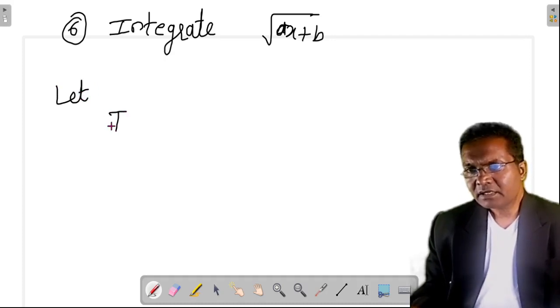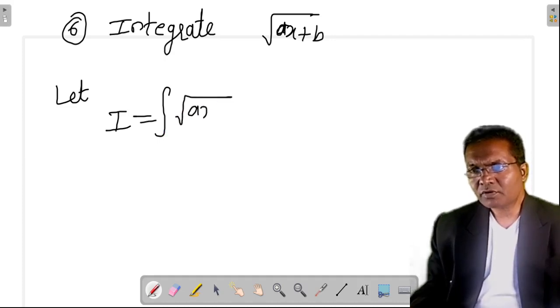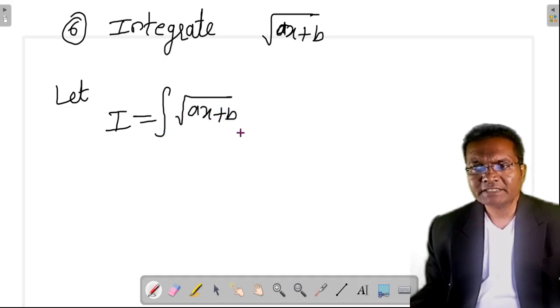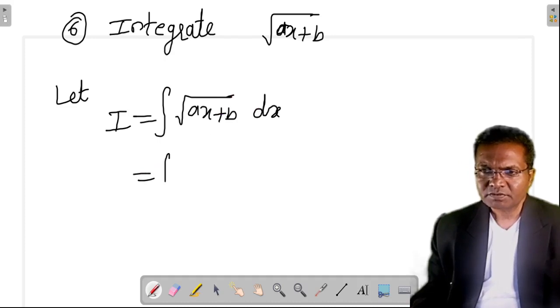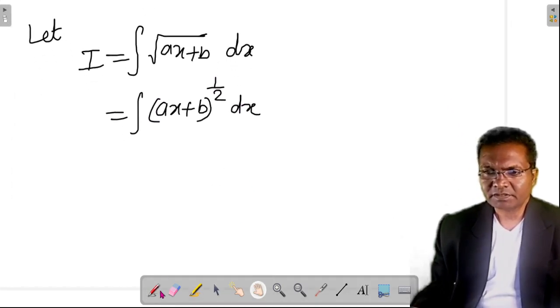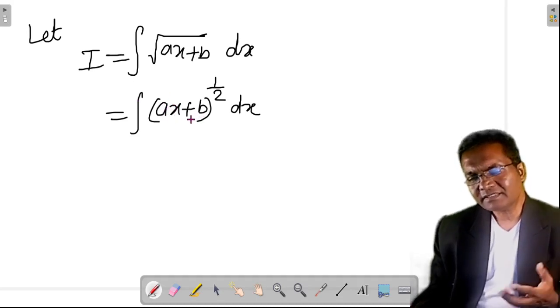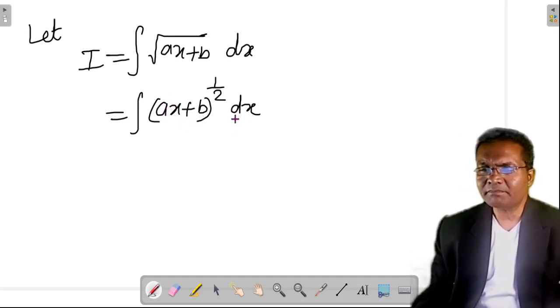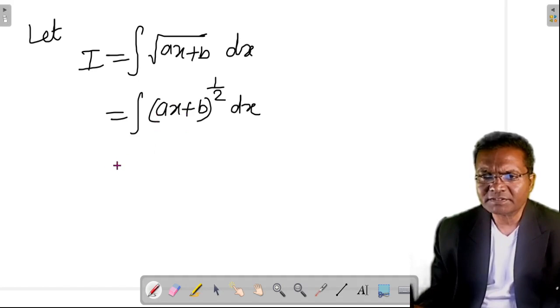Let I equal integration of square root of ax plus b into dx. So I can write it in the form of ax plus b power half. Now the derivative of ax plus b is a only, so it can be made by multiplying and dividing by a. That is another option. Otherwise put this.